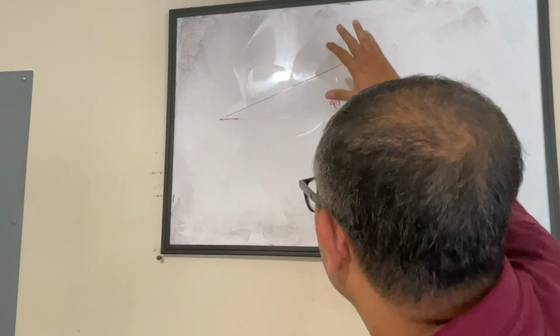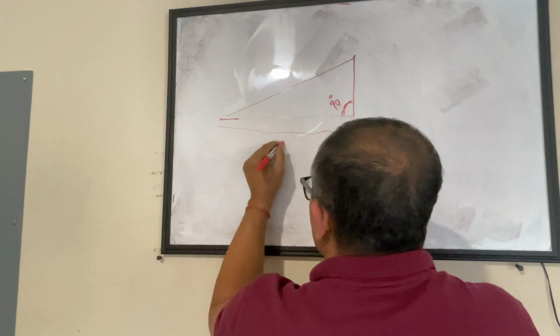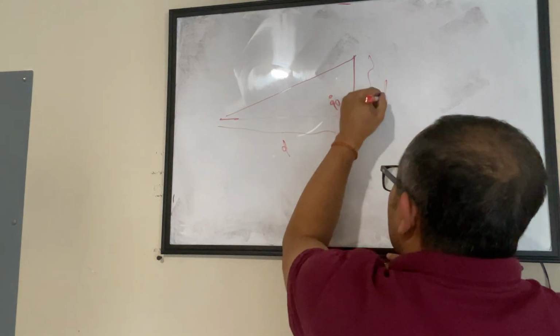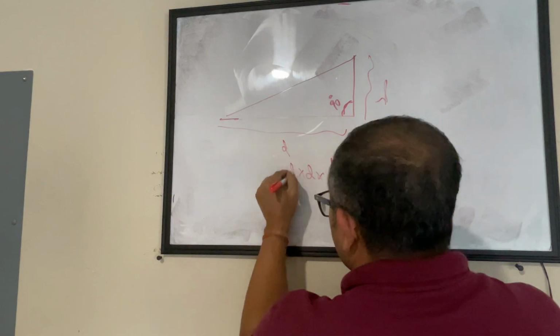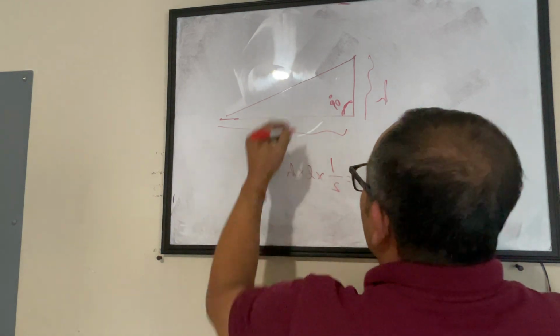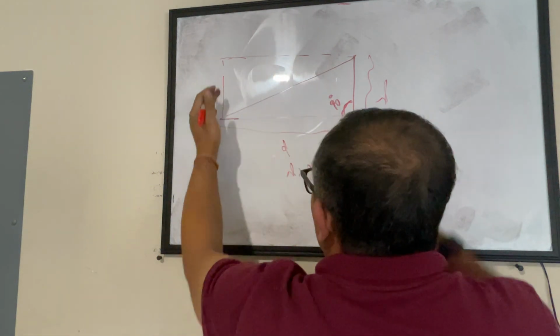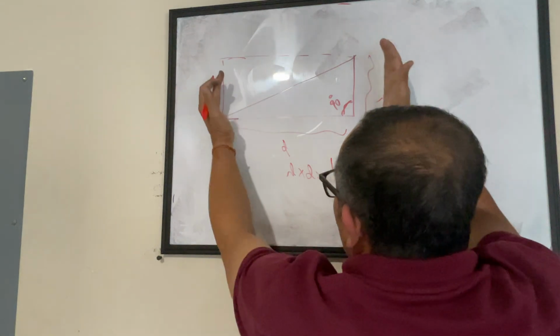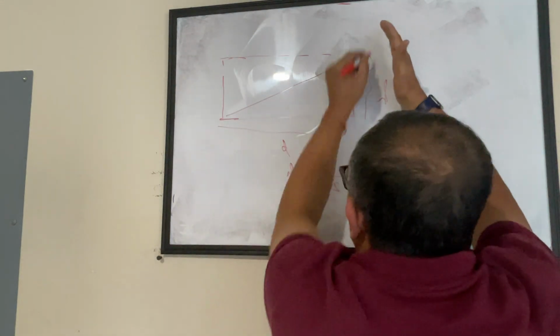Now, what is the area of this right angle triangle? If this is my base and this is my height, the area of a right angle triangle is half into base into height. Why? Because you can always visualize that if I draw this line here and make this like a rectangle, this will be my full rectangle, which will be base times height.